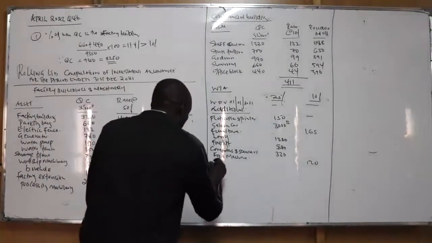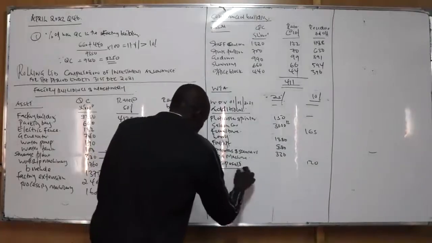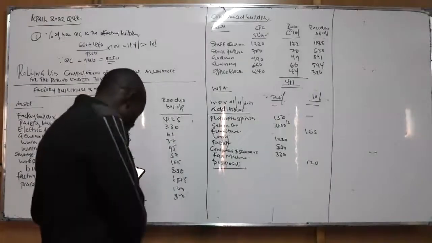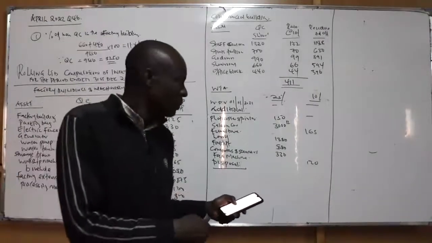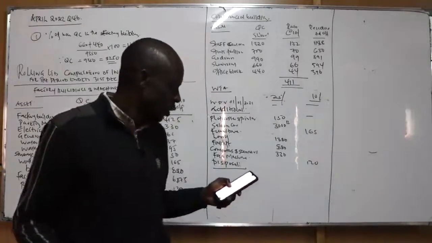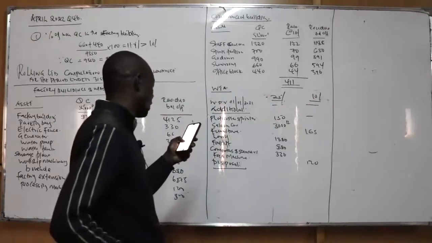Then we had disposals here, the assets that were disposed of. Disposals, note number 4. The company disposed of the following assets on 1st October 2021.